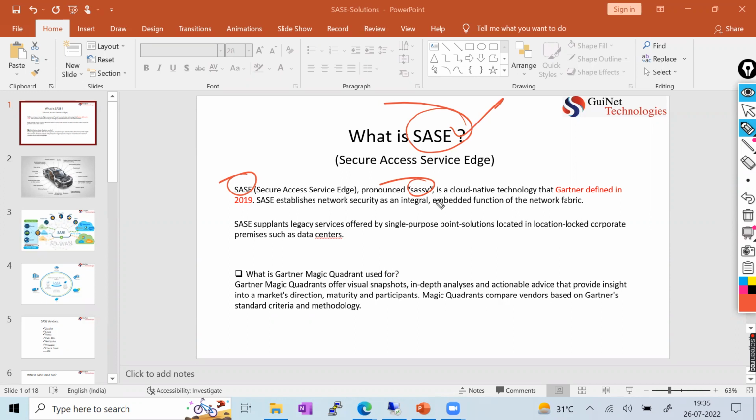Basically, it was developed or defined by Gartner in 2009. So what is the Gartner Magic Quadrant, and why has Gartner defined this particular SASE term? First we have to understand what the Gartner Magic Quadrant is and why we use it.